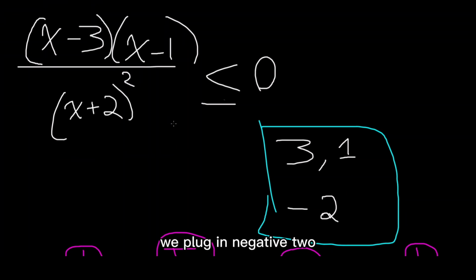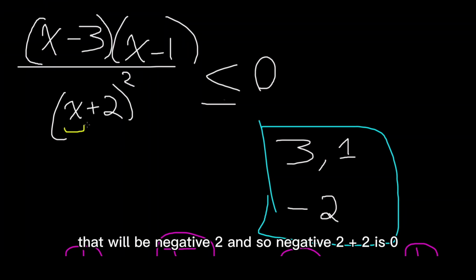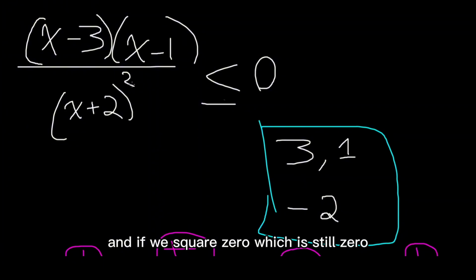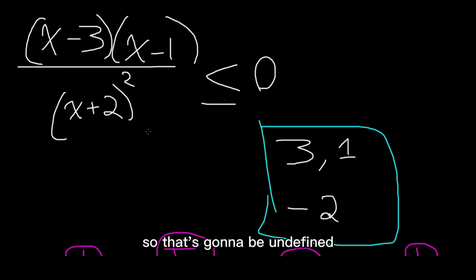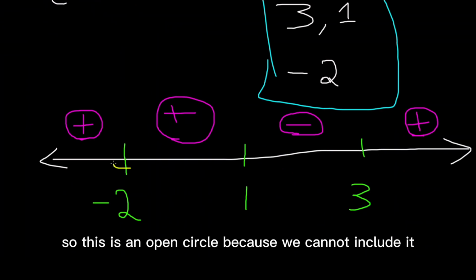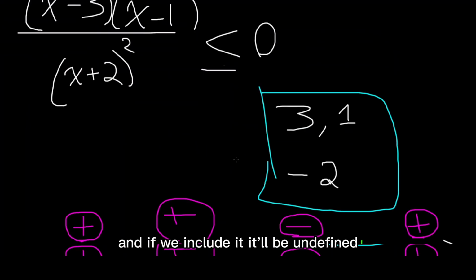If we plug in -2 for x, this part right here, that will be -2. And so -2 plus 2 is 0, and then we square 0, which is still 0. But then we still have this top part on top of our 0, and you can't divide by 0. So that's going to be undefined. So this is an open circle because we cannot include it. And if we include it, it'll be undefined.